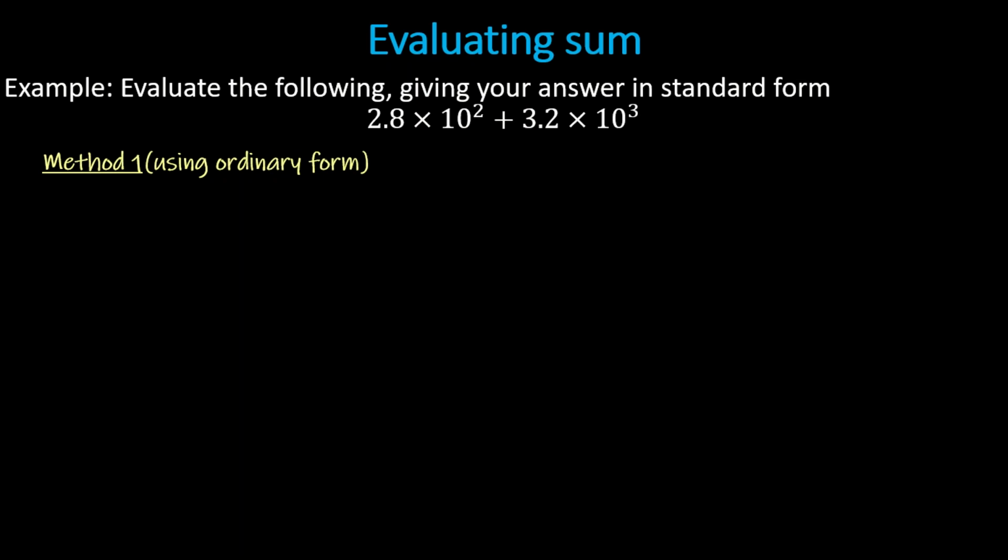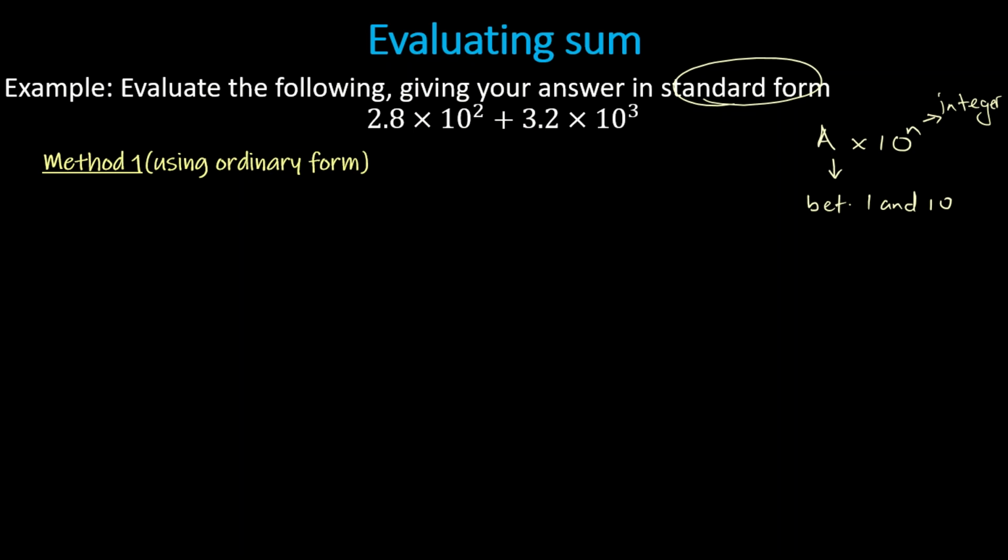So let us see this example. We have to evaluate the following, giving your answer in standard form. So the final answer has to be in this form, a times 10 to the power of n, where a again is a number between 1 and 10 and n is simply an integer, right?